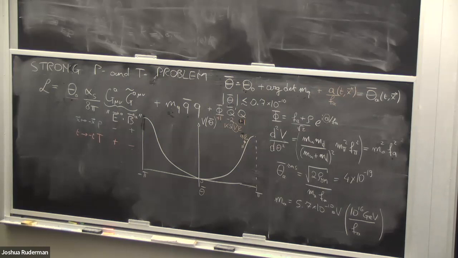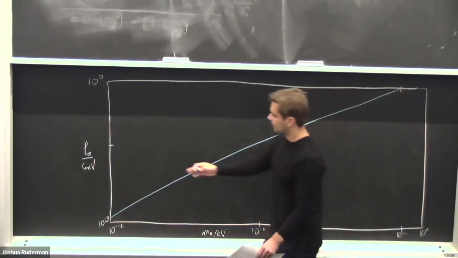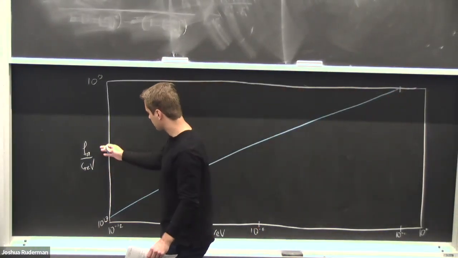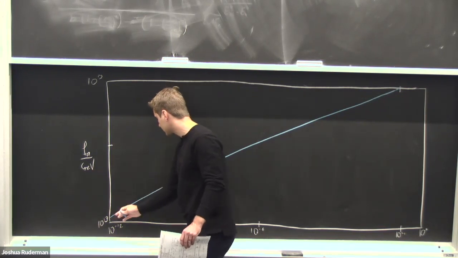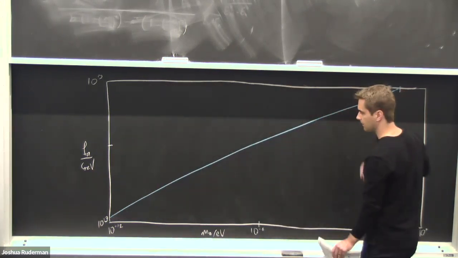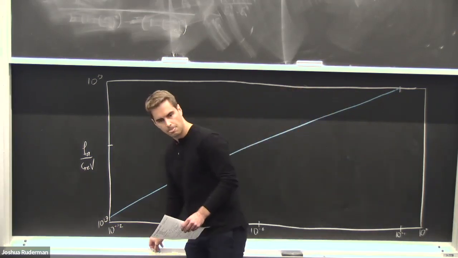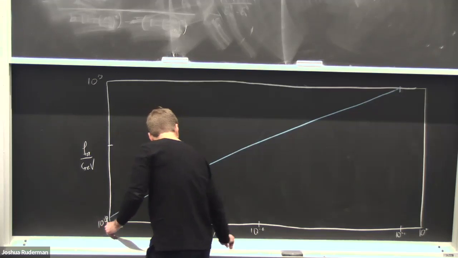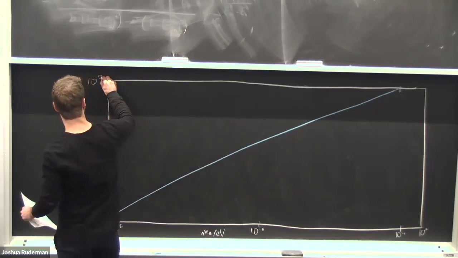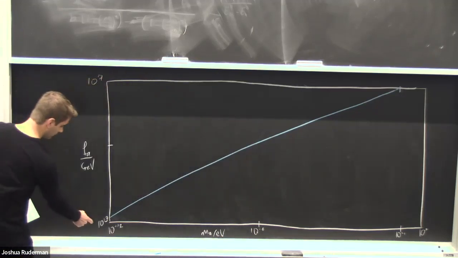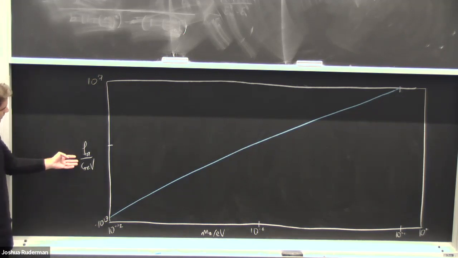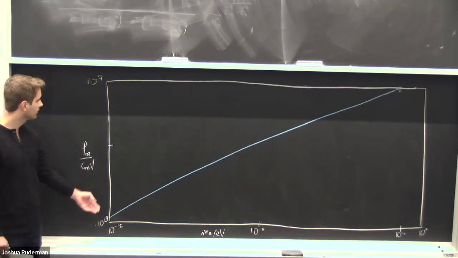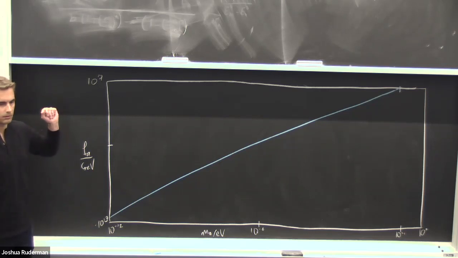It lives on this line, not quite straight, but that's the axion coupling or axion decay constant versus mass. What's the exponent at the top in your scheme? 10 to the 19 GeV, so Planck scale decay constant, down to 10 to the 7 GeV.